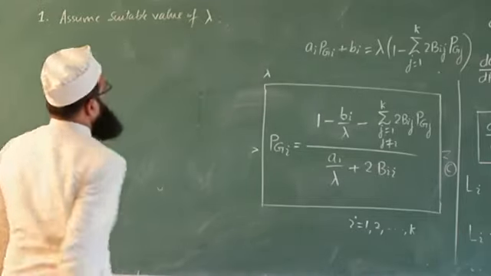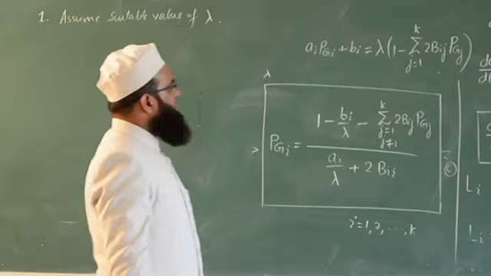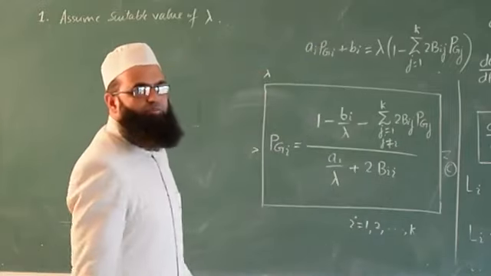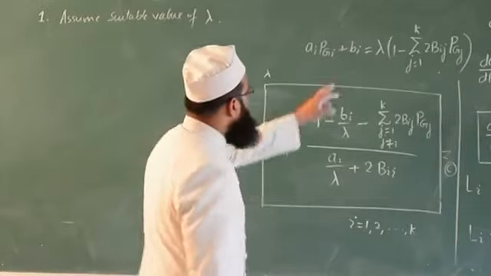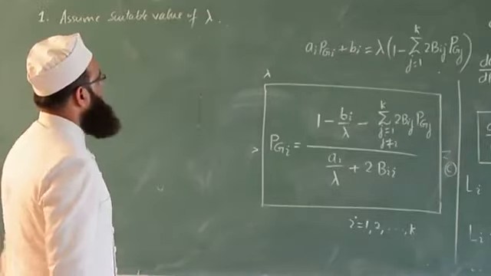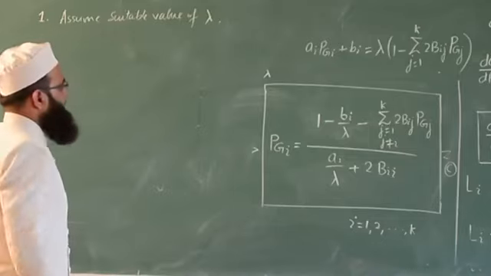This time also, this lambda should be greater than the largest intercept of the IC curves of the various plants, that is BI. Here B1, B2, B3, it should be greater than the largest value of BI.